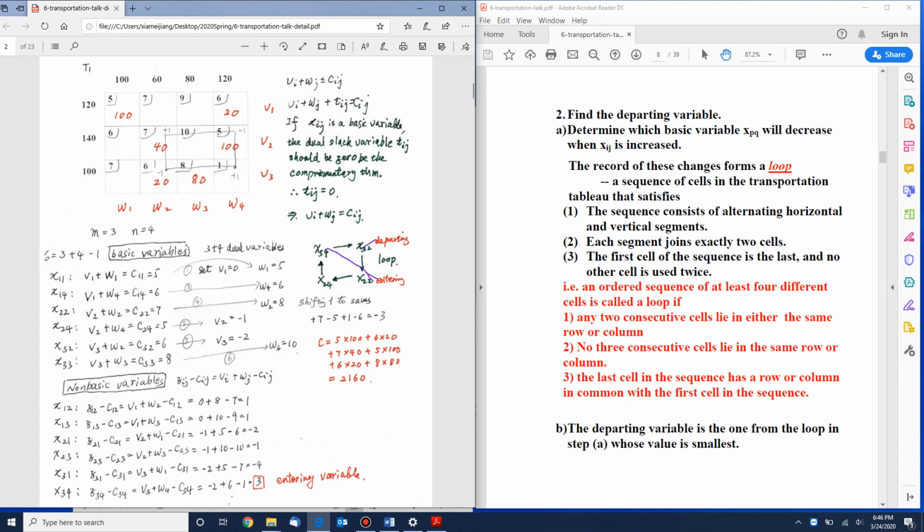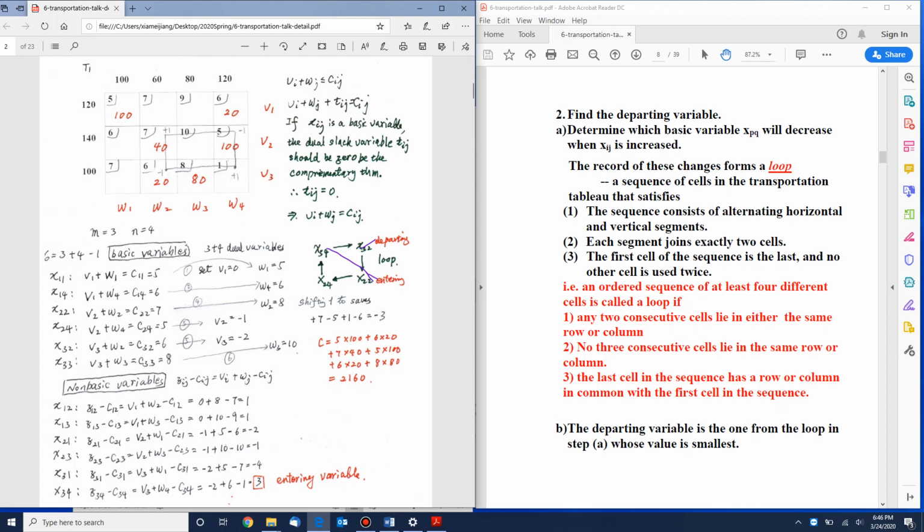And to choose the departing variable, you just consider those with -1 there. Those cells you need to reduce units, right? So you could see at most you could reduce 20 in the cell 3 2, and in the cell 2 4 you can reduce 100.